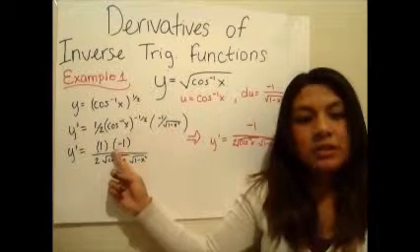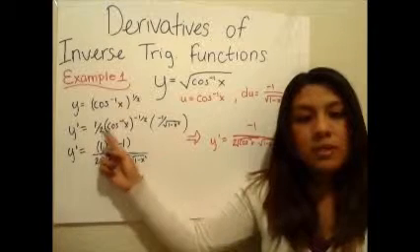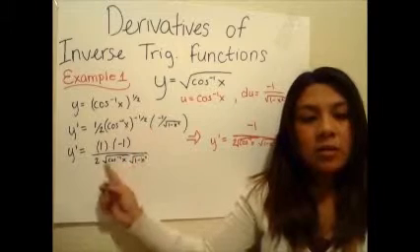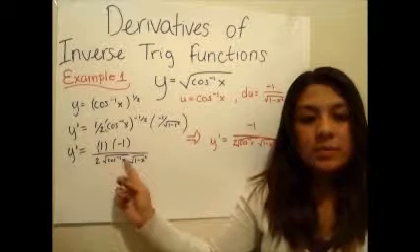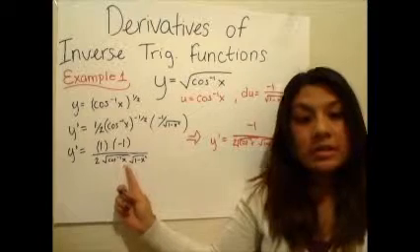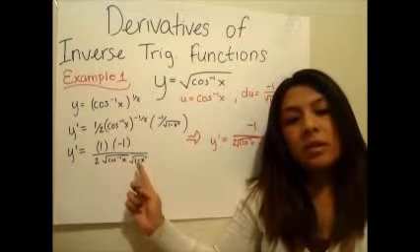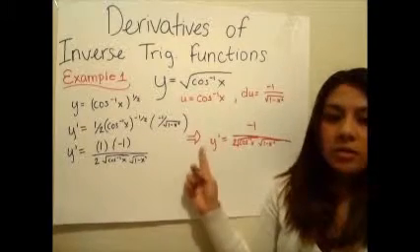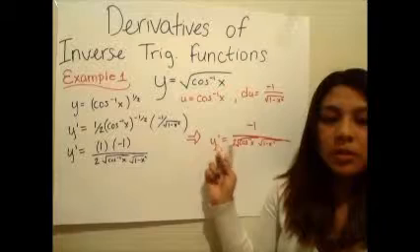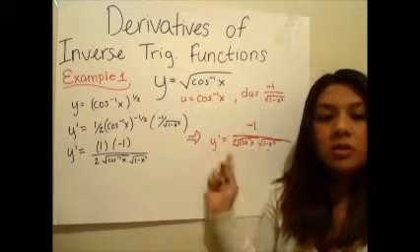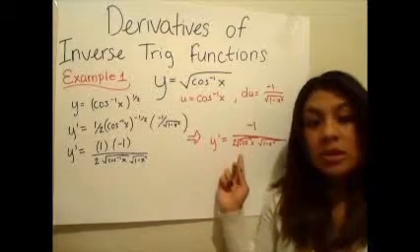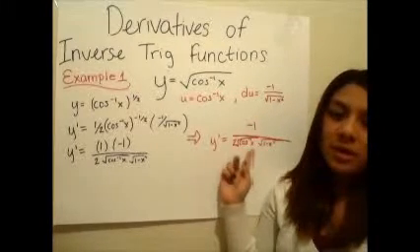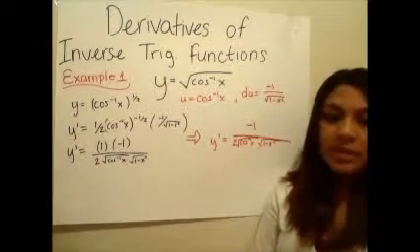And then you simplify this to 1 from here, that's the 1, and then negative 1 from over here, over 2 times the radical of inverse cosine x times the radical 1 minus x squared. So then you're going to simplify to y prime equals negative 1 over 2 radical inverse cosine x times radical 1 minus x squared. And that's the first example.